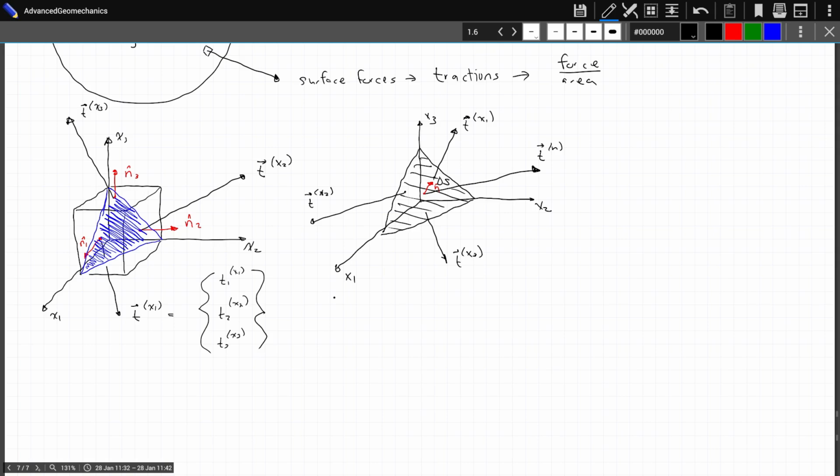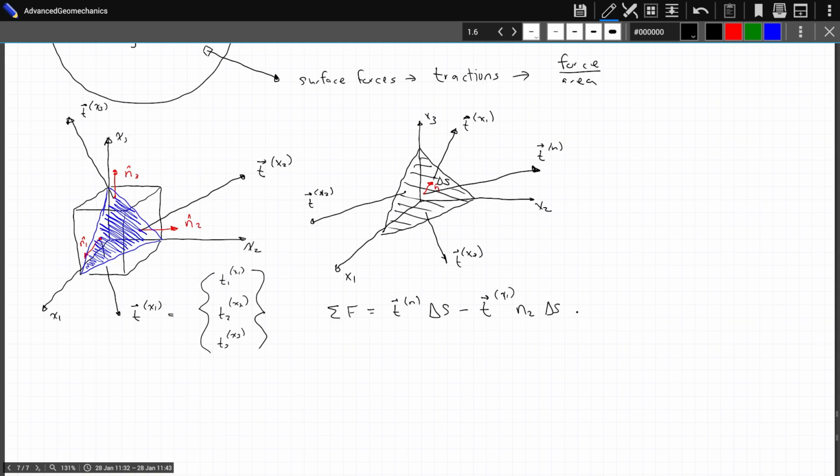So the sum of the forces is equal to T(n) dS minus T_x1 n1 dS.